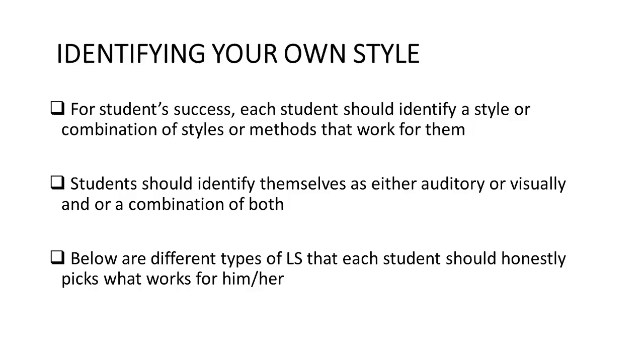So for you to be able to study effectively and successfully, you need to identify a style or a combination of styles or methods that work for you. You must be able to identify whether you learn better when you listen or when you see words, or a combination of both.